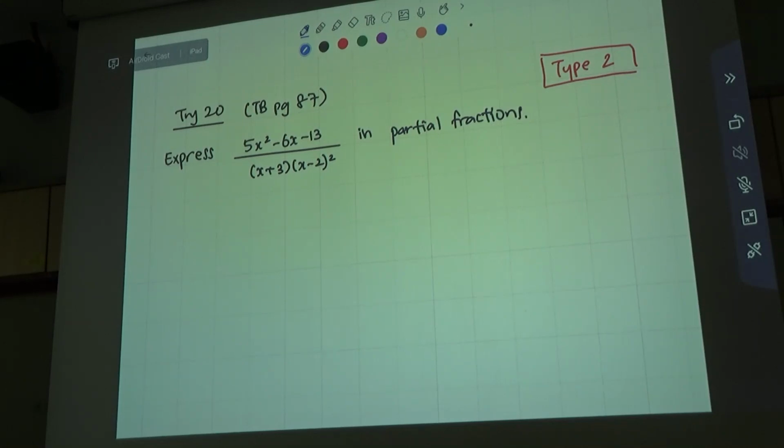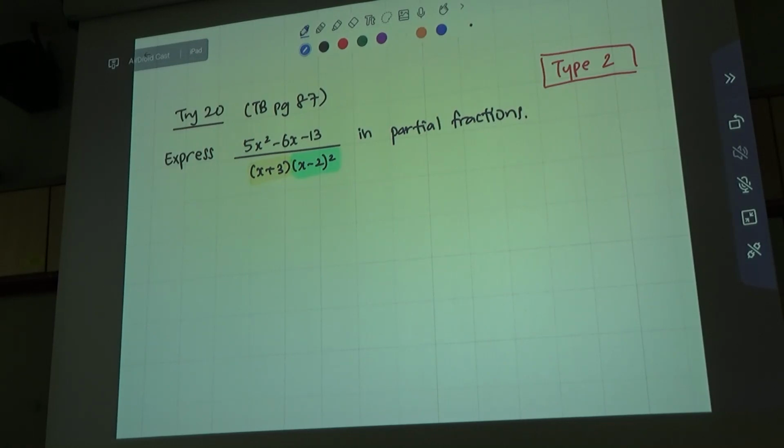Now let's look at this. We have 5x squared minus 6x minus 13 over x plus 3 times x minus 2 squared. What is the denominator that we have? We have one linear, and more importantly, the next one I have x minus 2 squared, which is a repeated linear.